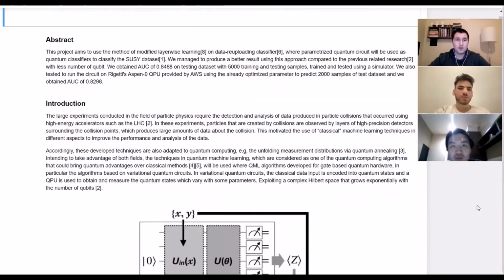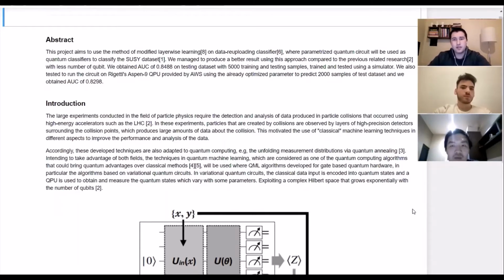As we know, the large experiments conducted in the field of particle physics produce a large amount of data after the collisions, such as the experiments done at the LHC. These huge amounts of data have motivated the usage of classical machine learning techniques in different aspects to improve the performance and the analysis of these data.